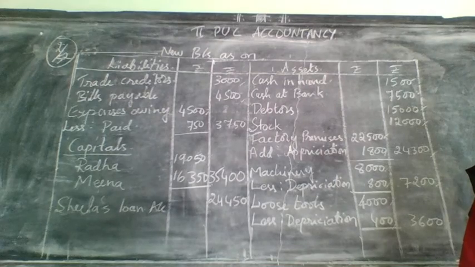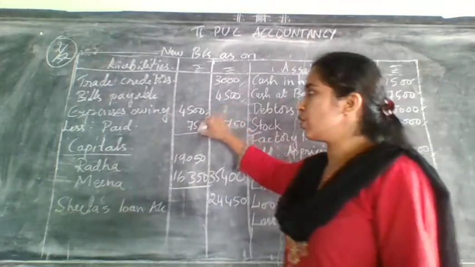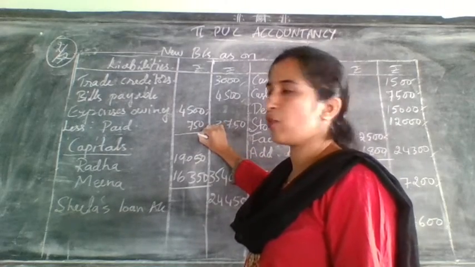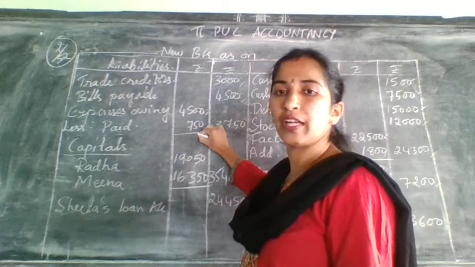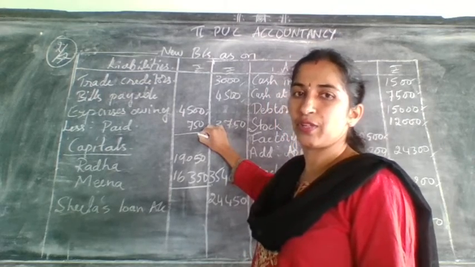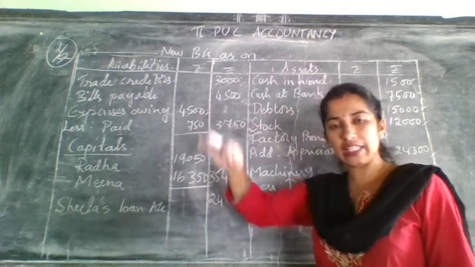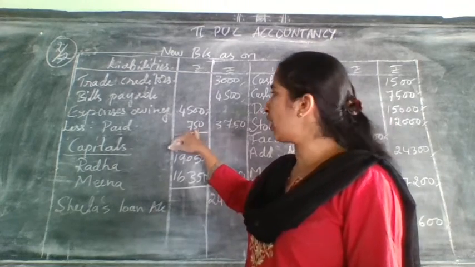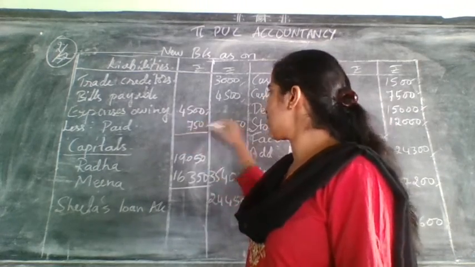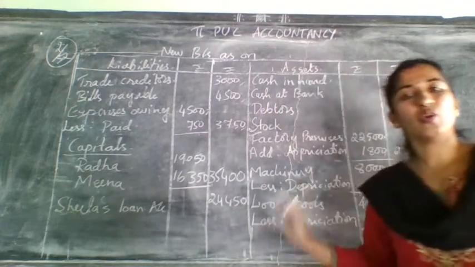Next, after that 4,500 taking here, you are having what? Paid. Expenses owing was partly paid, and you have taken it on the credit side of revaluation account. Why? Because this is a decrease in the value of liability, and that amount you need to take here, minus it and write it in the outer column, over.